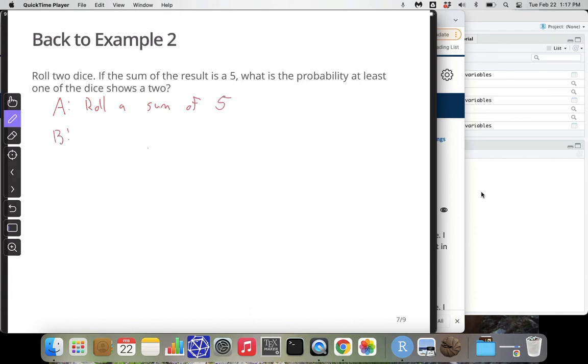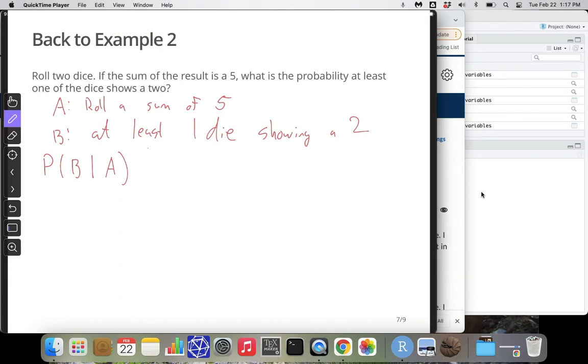We want the event B, where we have at least one die showing a 2. And the probability that we're interested in calculating is the probability of B, the probability of at least one of the dice showing a 2, assuming that we already rolled a sum of 5.